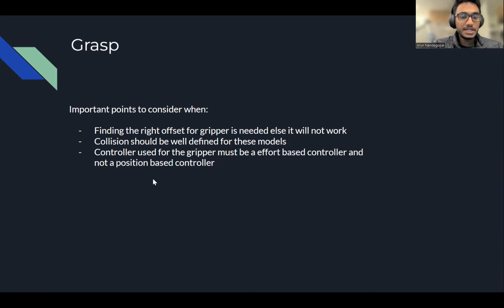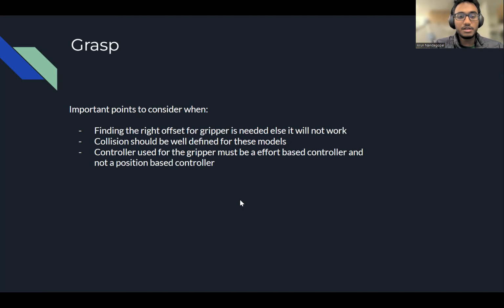The third point is that the controller used for this gripper must be an effort controller. What that means is that if we have a position-based controller, the gripper would try to move to the desired position. That is, it would be trying to move past the position boundaries, and it will never stop until it has reached that position.